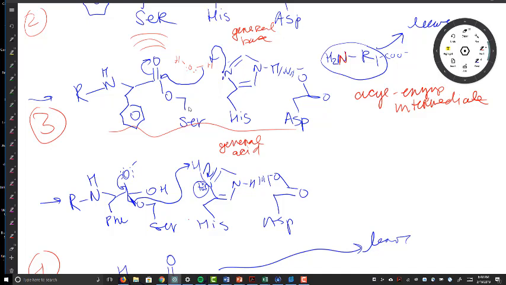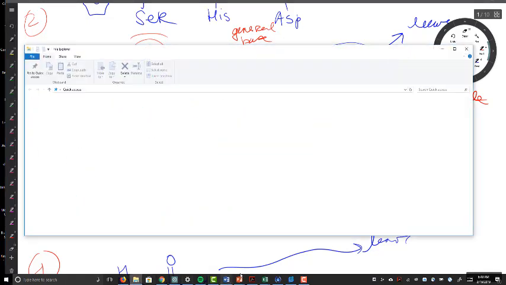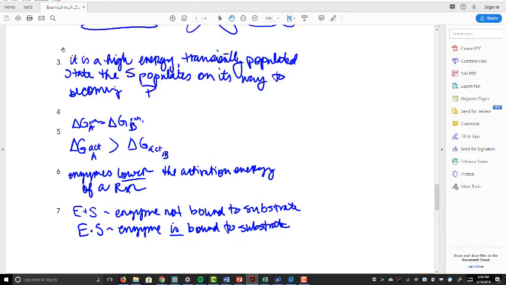It's on the board. Yep. It doesn't look like it's donating, but it is donating the proton.